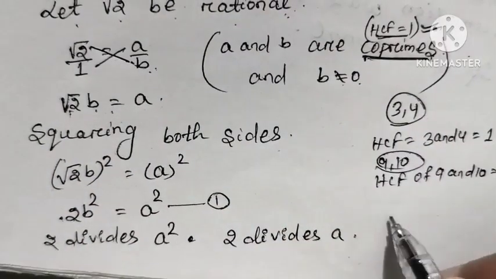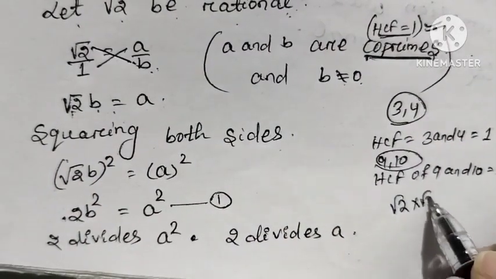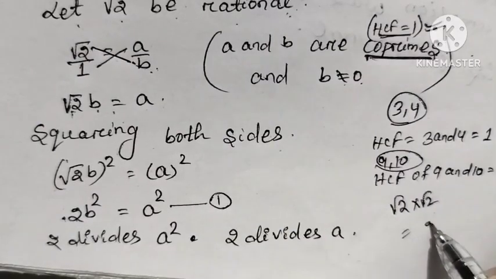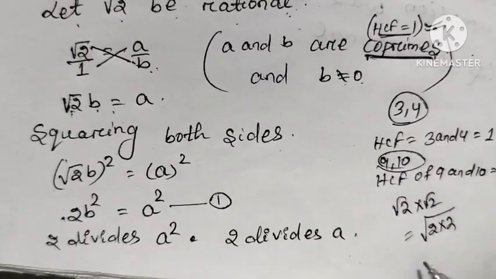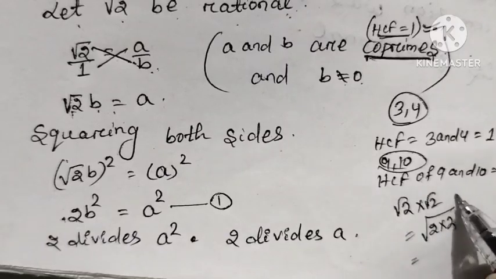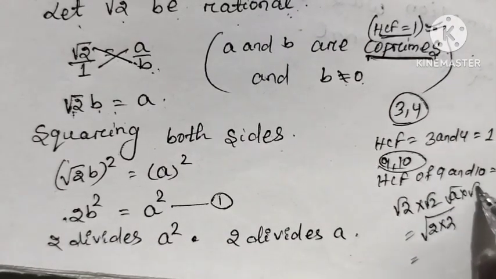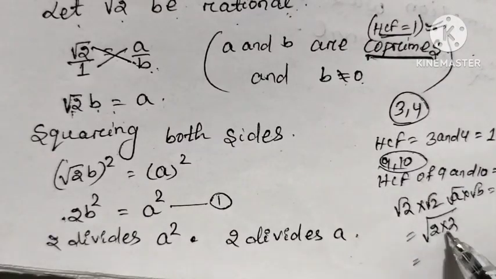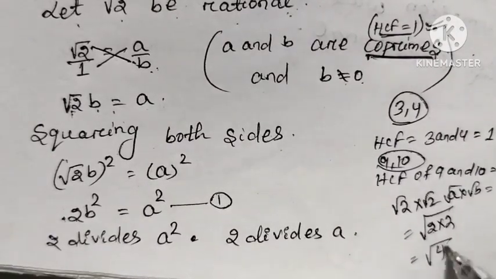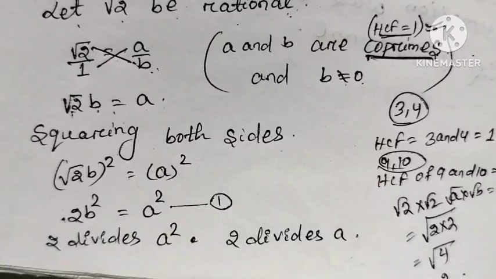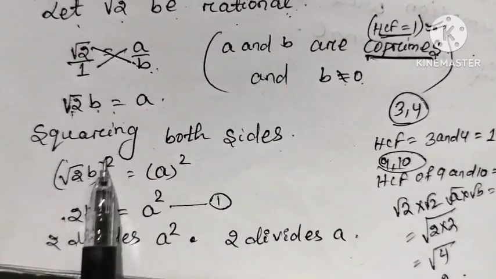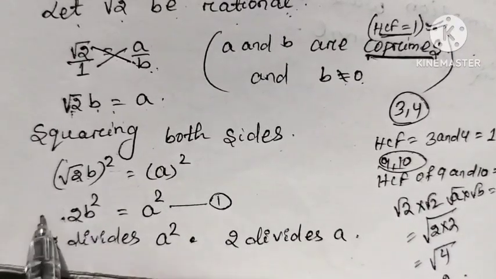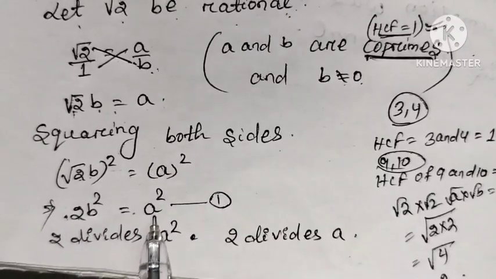Root 2 into root 2 is equal to root of 2 into 2. I have already read that root a into root b is equal to root ab. Same thing, 2 into 2, then root 4 is equal to 2. Yes, then 2b square is equal to a square.